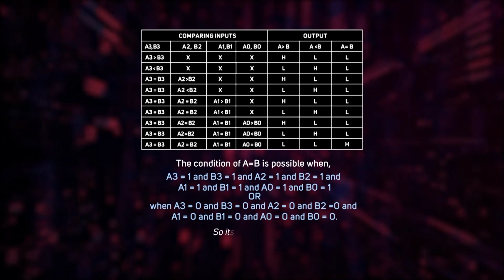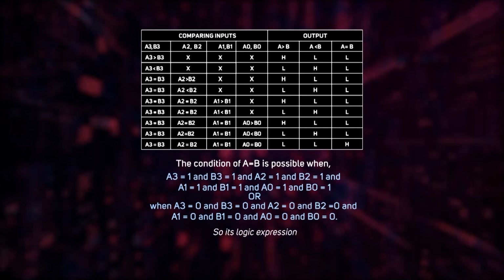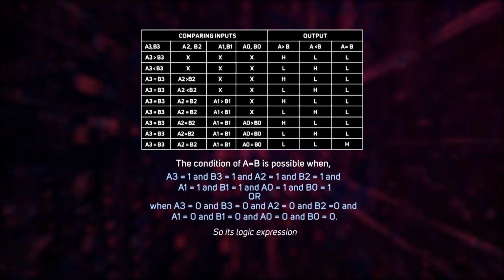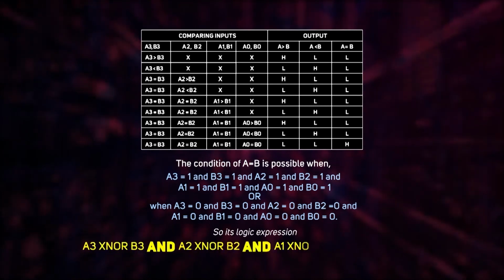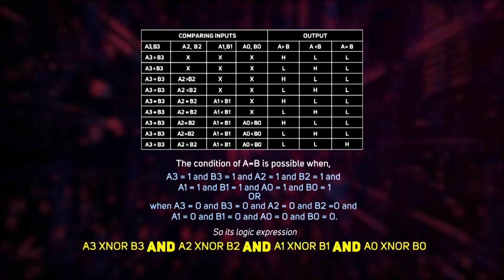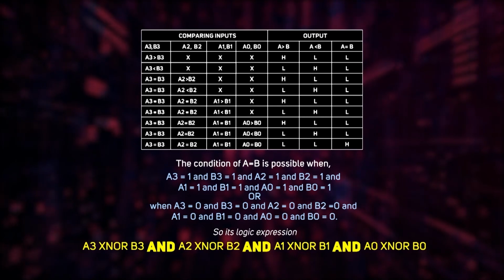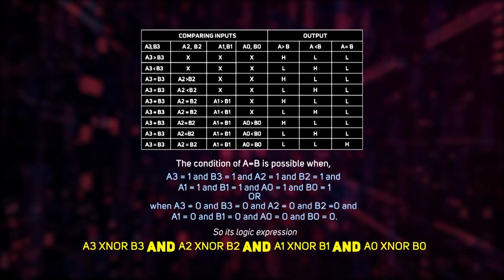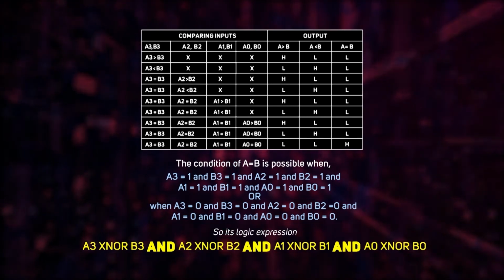So, logic expression for A equal to B can be denoted as A3 XNOR B3 and A2 XNOR B2 and A1 XNOR B1 and A0 XNOR B0.